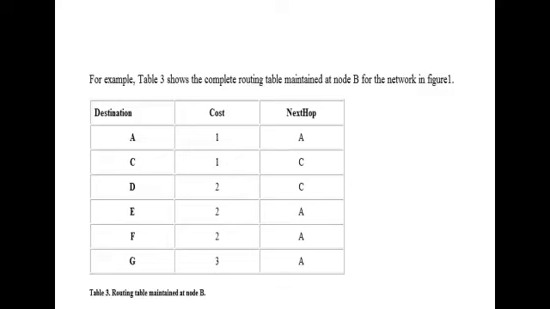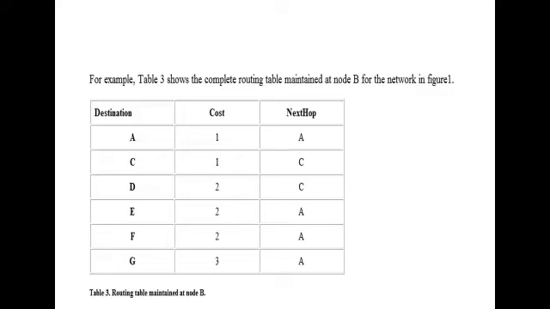And the most important thing which you have to learn is that distance vector routing follows the Bellman-Ford algorithm to update these routing tables. I hope all of you remember the Bellman-Ford algorithm which you studied in the Design and Analysis of Algorithms paper.